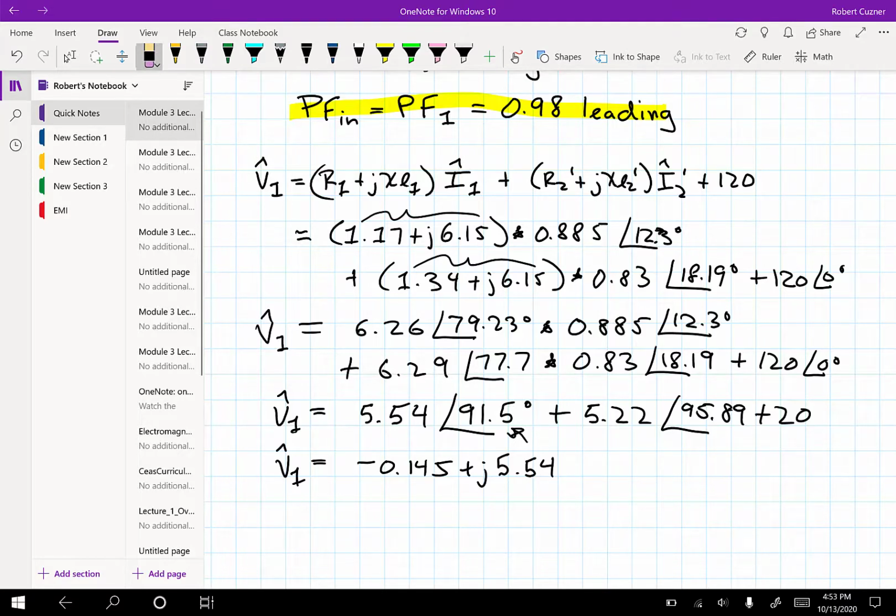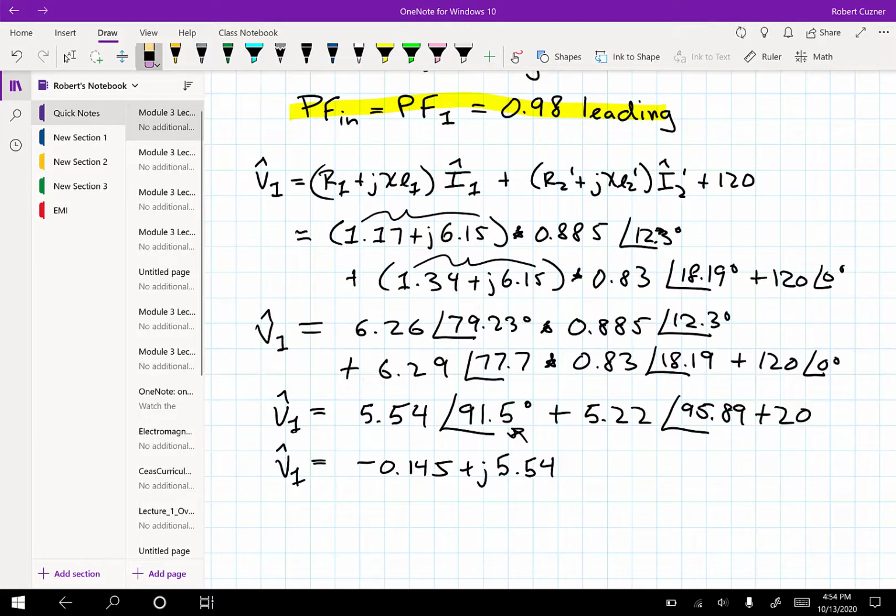And this makes sense because we're talking about a voltage drop, right? And I've actually taken into account all of that. No, it doesn't make sense. This is looking a little bit weird because we would expect that we're going to have a voltage increase, but we have a leading power factor. So that's why we've got a kind of a weird result here.